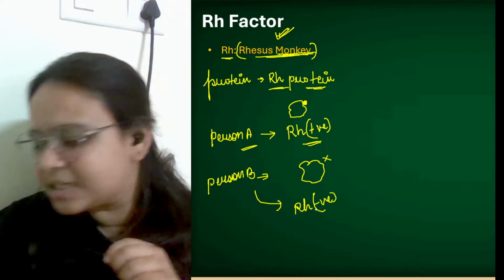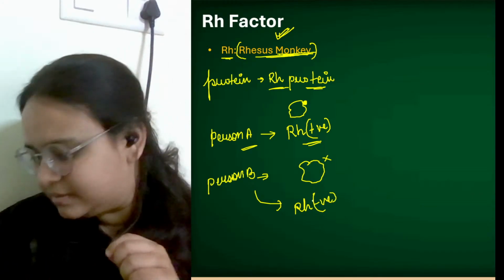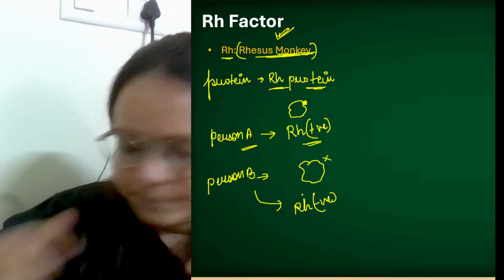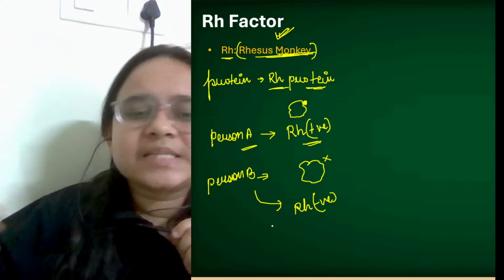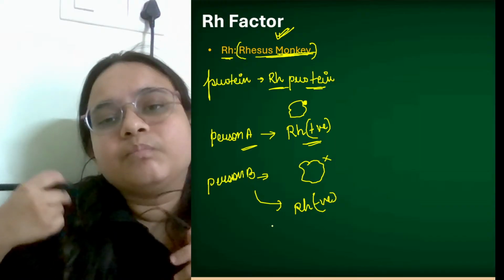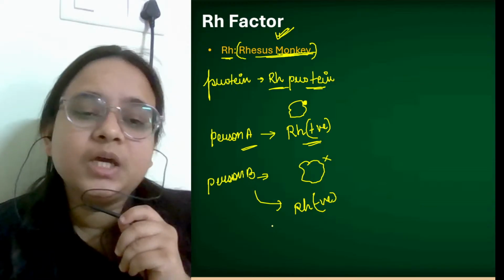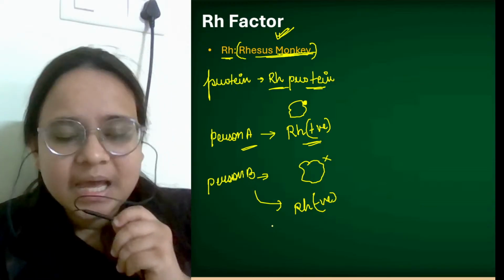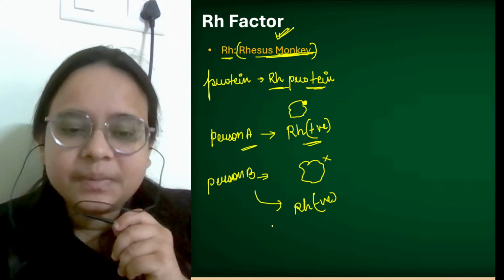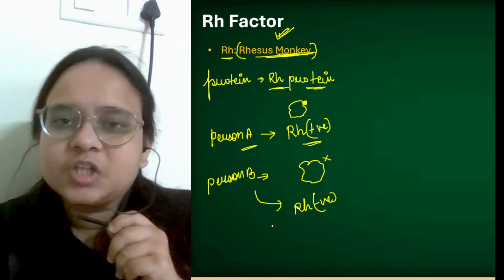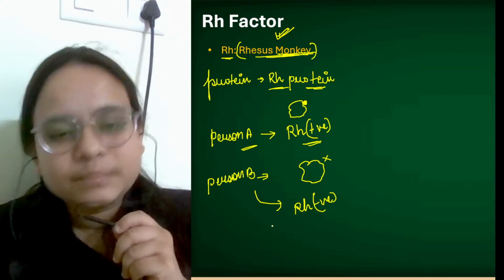This person is actually RH negative person, right? ठीक है, ये हम लोग बोलेंगे। फाइन, तो किसी के आरबीसी पे अगर RH प्रोटीन है तो he or she will be called as RH positive person, एंड किसी भी इंसान के आरबीसी पे अगर RH प्रोटीन प्रेजेंट नहीं है देन ही और शी विल बी कॉल्ड एज RH नेगेटिव पर्सन, राइट?